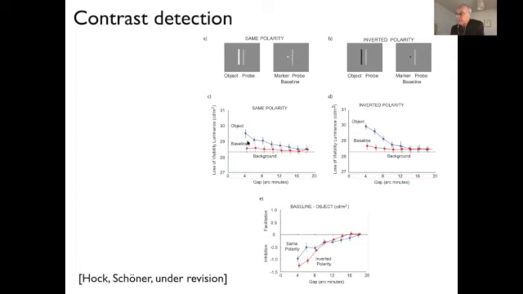This is what we call the baseline decision when there's this marker. And it turns out that if there's an object present, you need more luminance to detect the probe. So there is some form of inhibition from this nearby object onto the detection of a little piece of contrast.